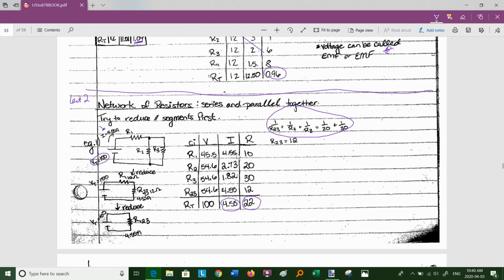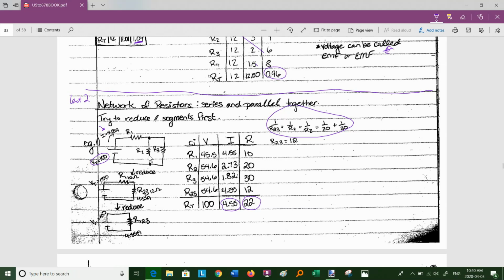Knowing that, and knowing the resistance, I can now get the voltage across resistor 1: 4.55 times 10, or 45.5 volts, and the voltage across R23, which is 12 times 4.55, 54.6 volts. Notice that R1 and R23 added together give you 100 volts.